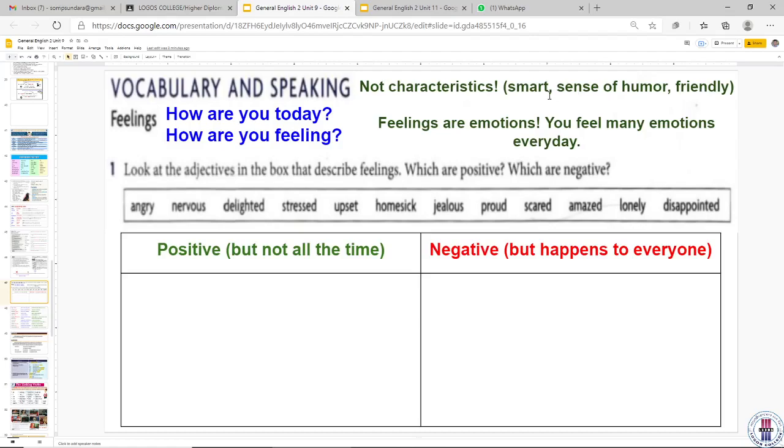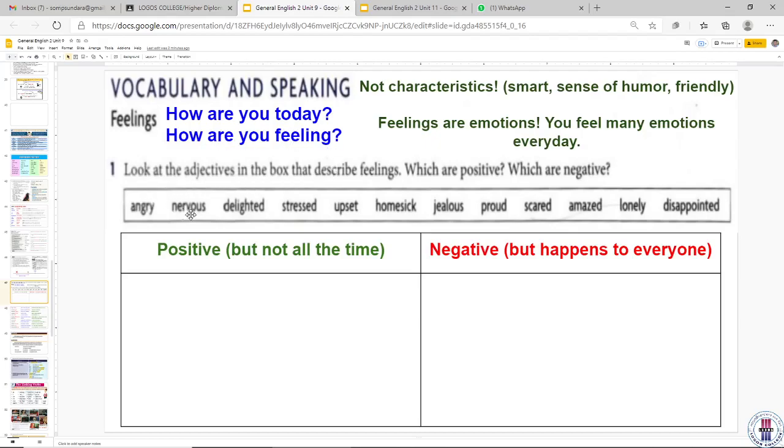A smart person is usually always smart. Whereas feelings can change anytime, right? Like I said, sometimes you're happy, sometimes you're sad, sometimes then you'll be happy again. So feelings can change. Characteristics usually stay the same. So with feelings, people usually ask, how are you today? Or how are you feeling today?